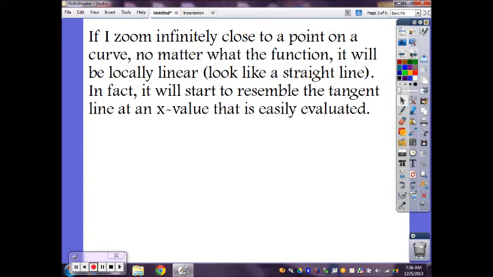In other words, if we have the graph of the square root of x, and let's say this is x equals 16, so this is where y equals 4, and at 16.1, so that would be approximately here.